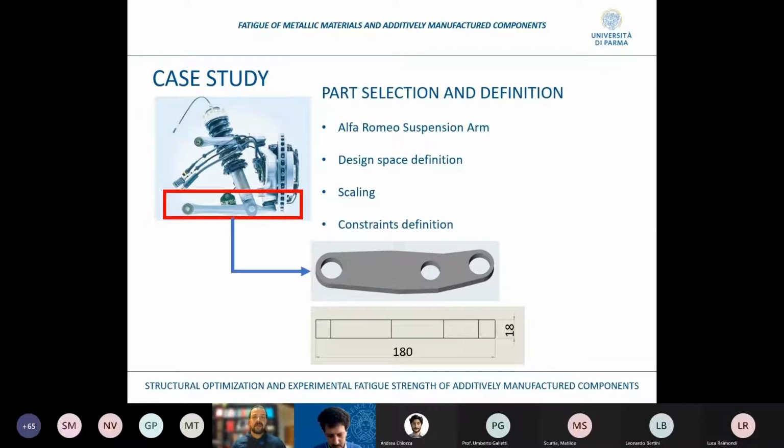In defining the design space, since this is a case study and a study of interest for our research, we scaled the part and defined the constraints with the objective to simplify the load condition and the constraint condition, and also to replicate easily all the boundary conditions on the testing machine. So you can see here the design of the final part that we selected.